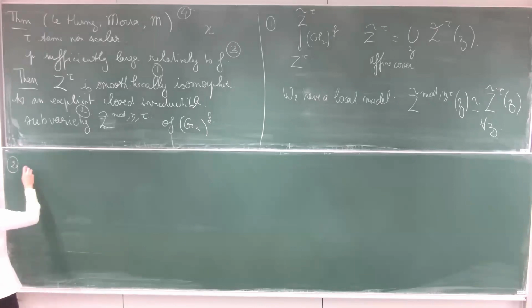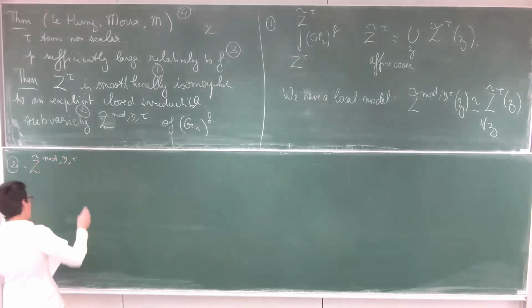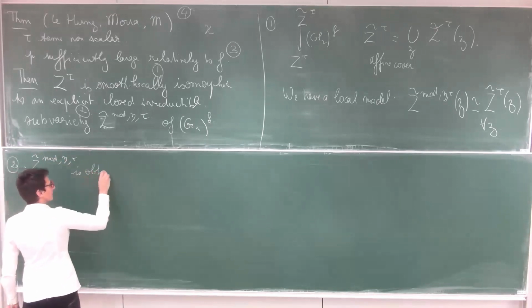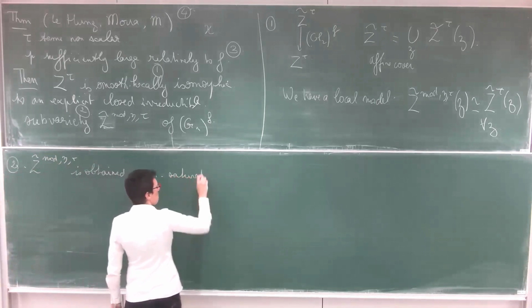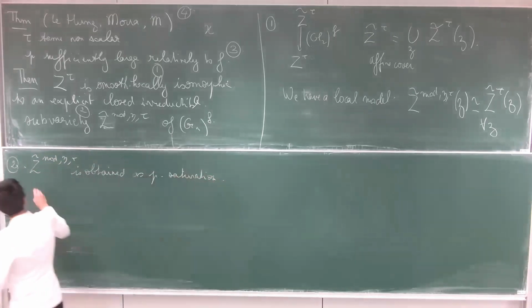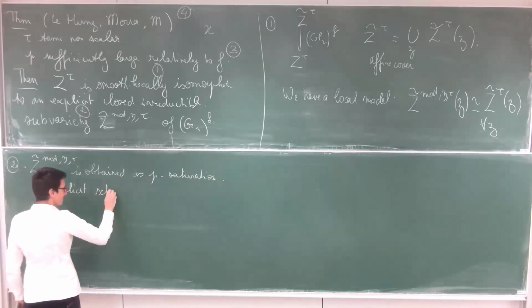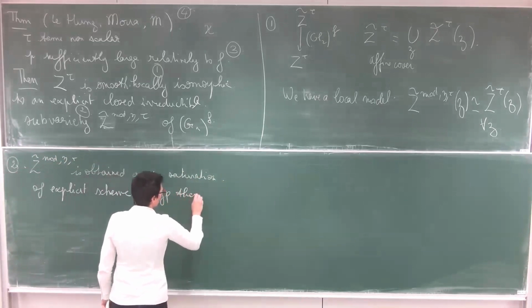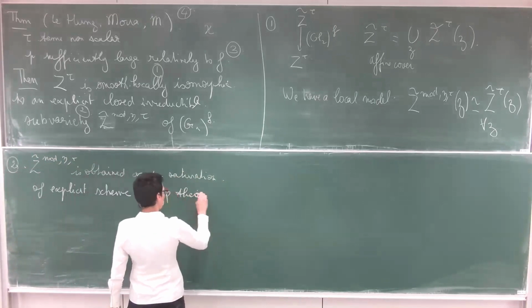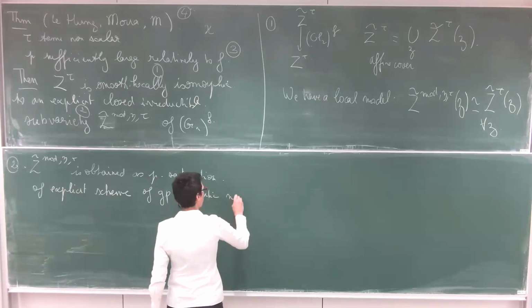So in fact, the local model, this object, is obtained as a P-situation of an explicit scheme of a group-theoretic nature.